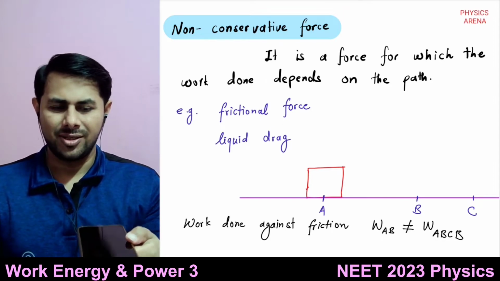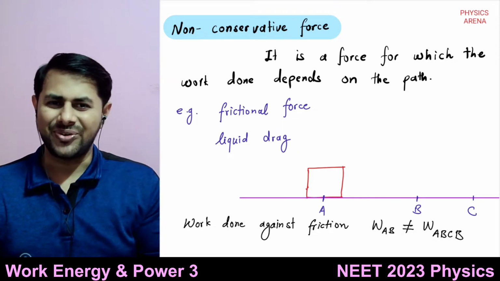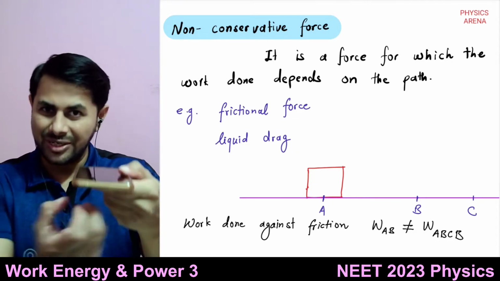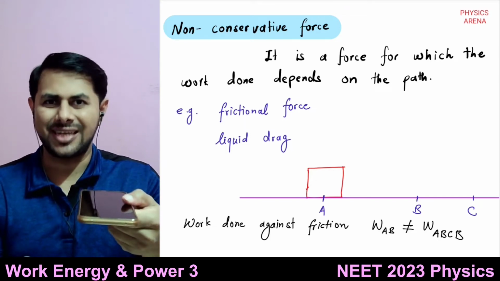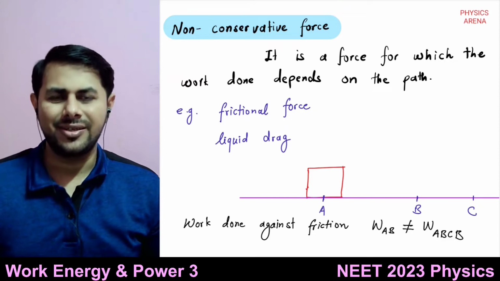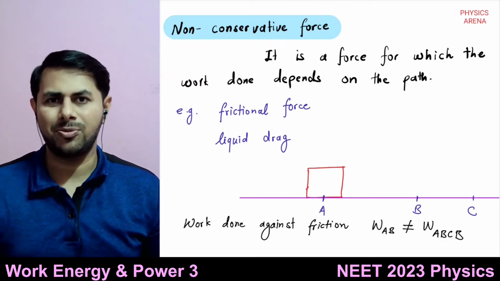Let's suppose I release it, it will fall down. So if I move it like this, the gravitational force is also acting in the same direction as the motion. But it will never happen in the case of friction. Friction will always oppose the motion.